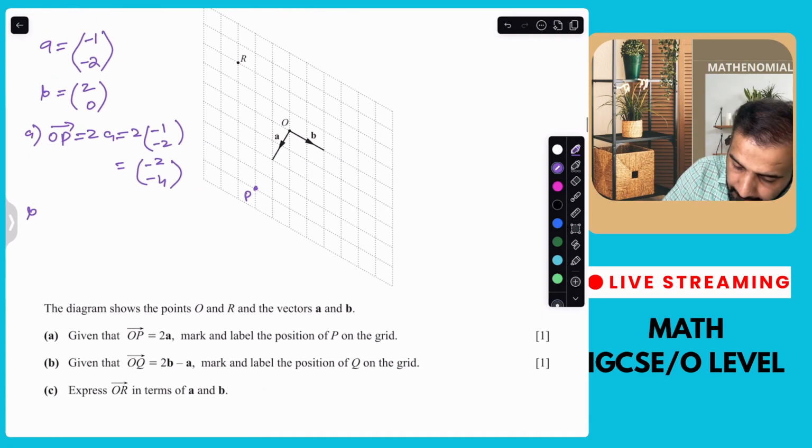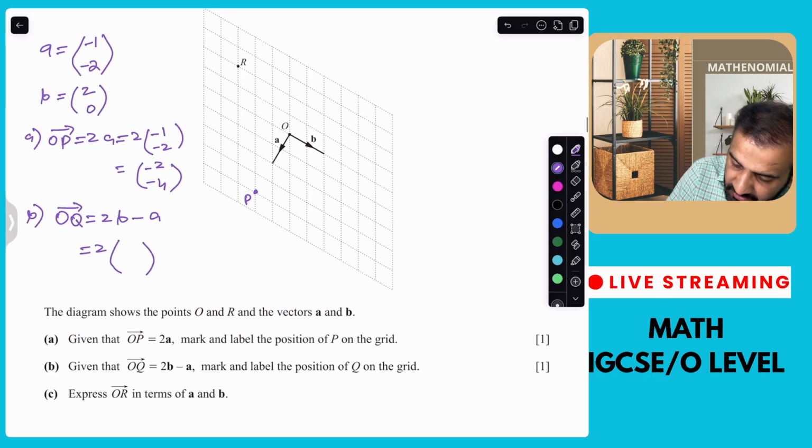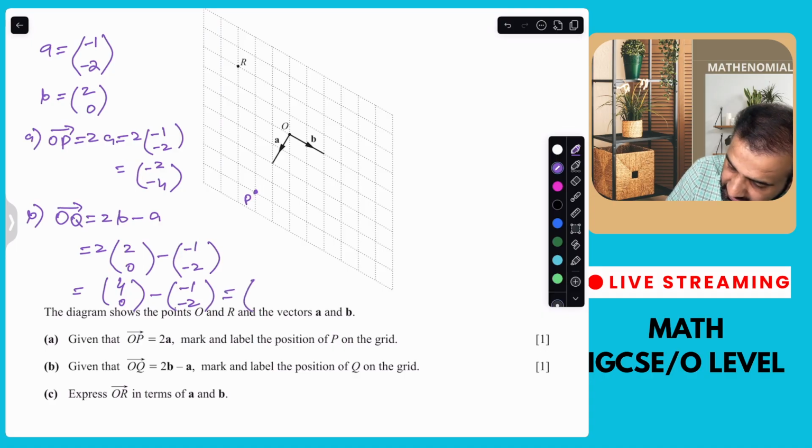B. OQ आपको दिया हुआ है, OQ is 2B minus A. So that means 2 into B, क्या था? (2, 0) minus A, क्या था, (-1, -2). इसको सॉल्व करें, it is (4, 0) minus (-1, -2), so it will be (5, 2).